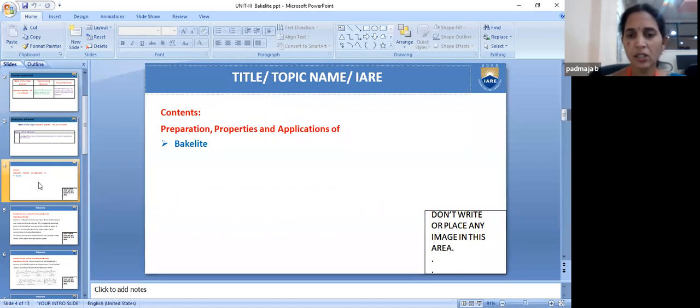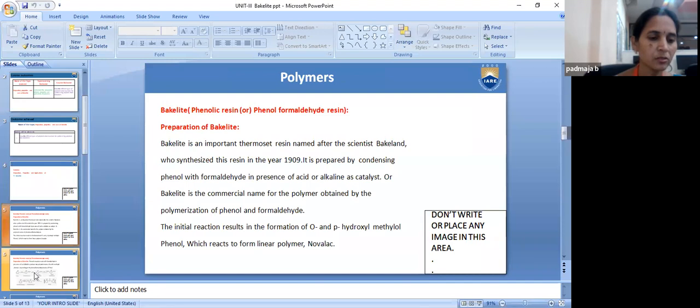First we'll start with the preparation, then we can go to the properties.